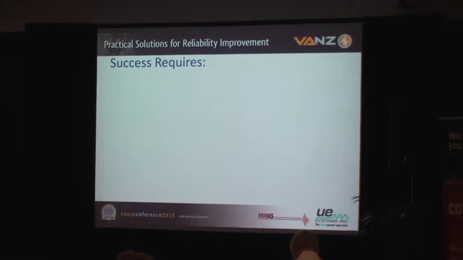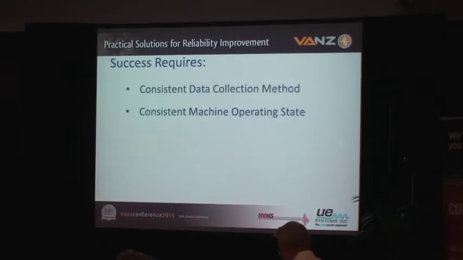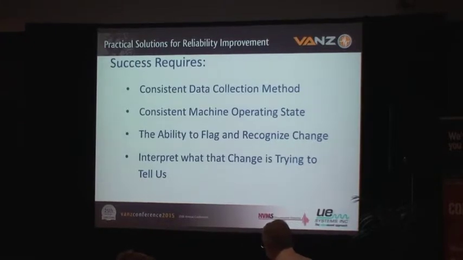So the next obvious question is, what do we need to do to make sure that we're absolutely successful? I've got a couple of attributes that we need to be considering. We need to have consistency in collection. We need to either have consistency in machine operating state, or we need to know enough about the machine's operating state so that we can say, this is how the data looks under this set of circumstances, this is how the data ought to look under another set of circumstances.